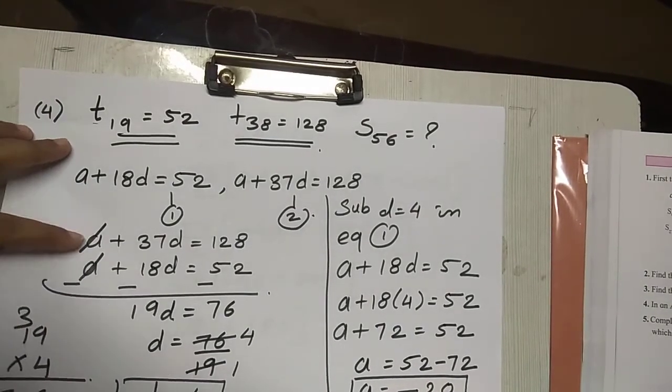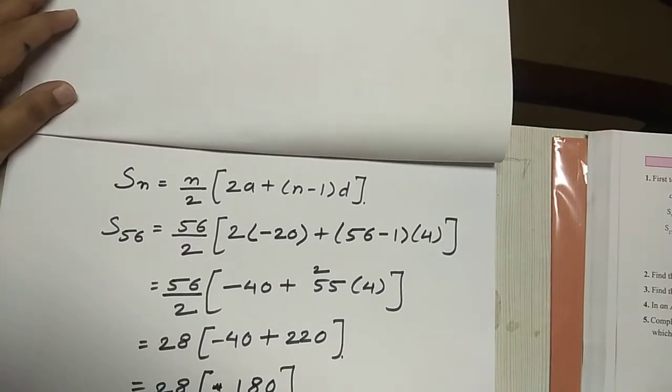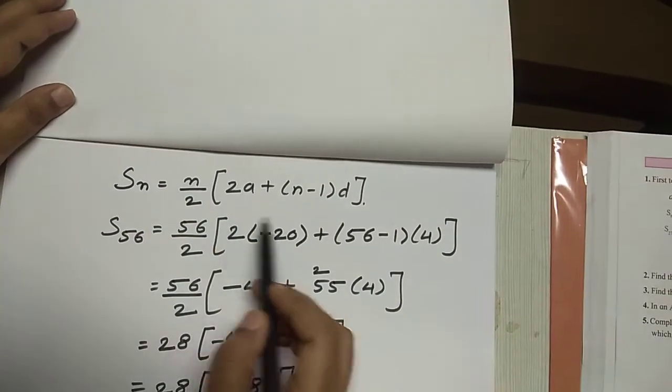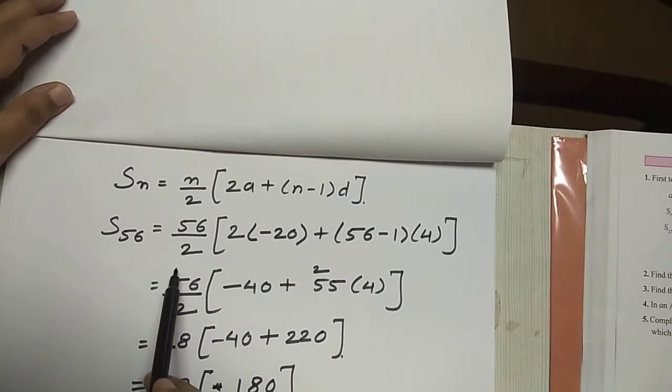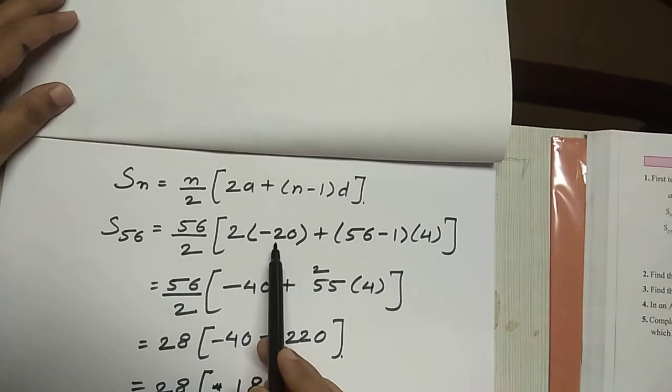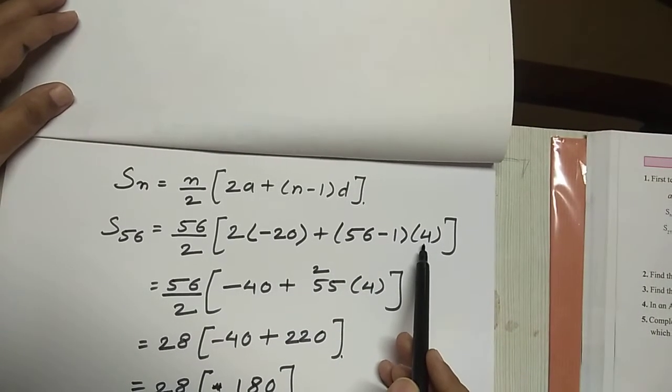And this A and this D then we use for the further calculation of Sn. Sn is n upon 2, 2a plus n minus 1 into D. S56 will be 56 upon 2, 2 into a value is minus 20, plus 56 minus 1, d value is 4.